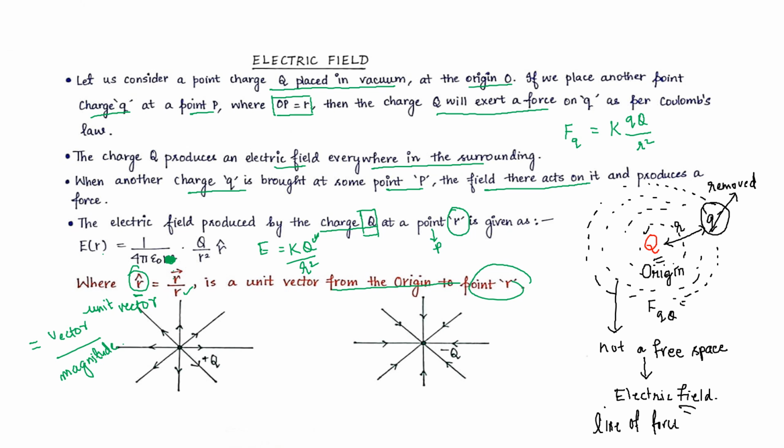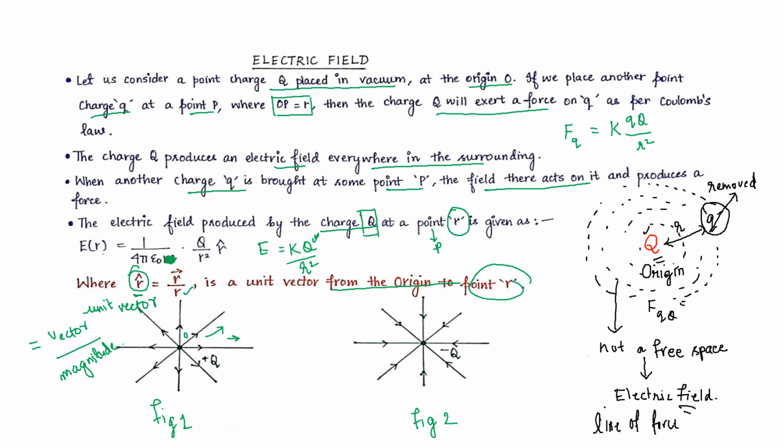Now before we move ahead, let's see the diagram, figure 1 and figure 2. See, in figure 1, these rays, these lines are going outward, away from the origin.